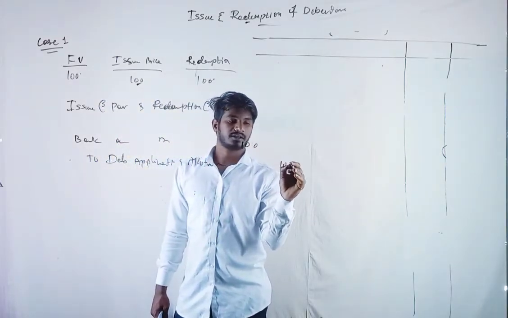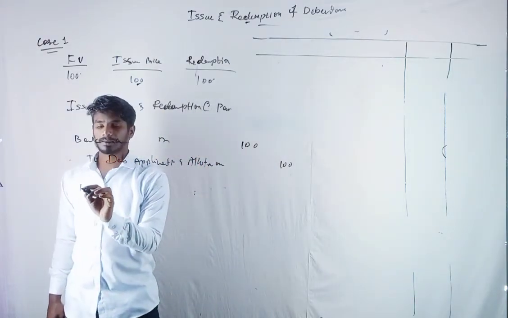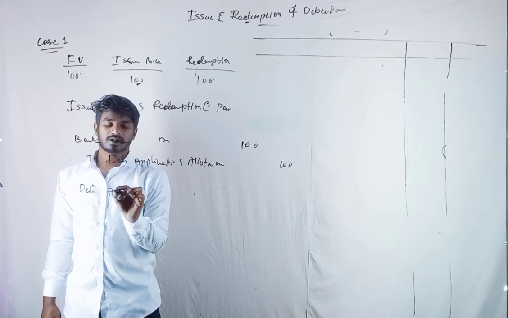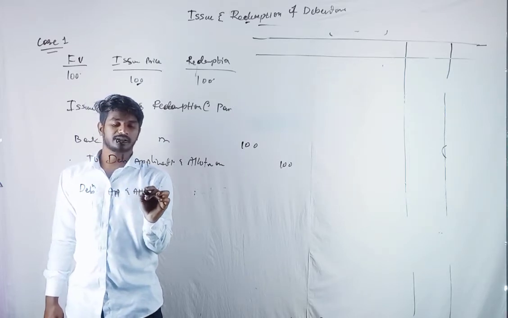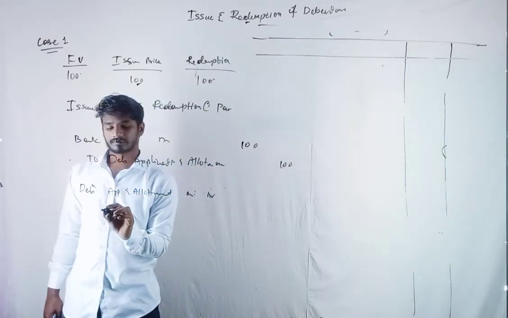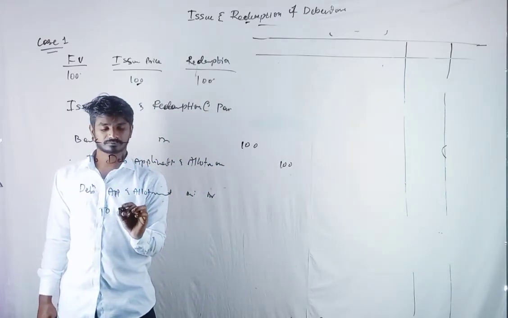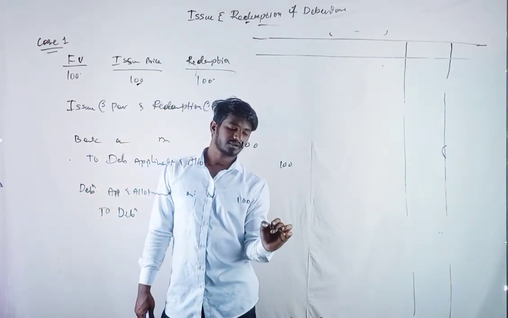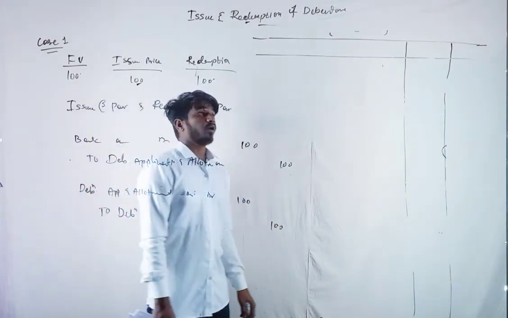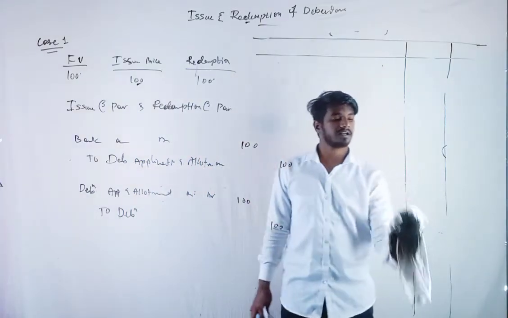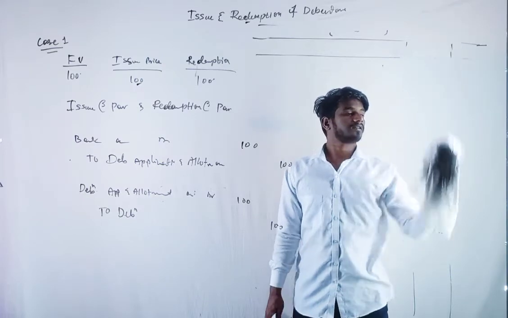Let us take 100. Debenture application and allotment account debit to debenture account 100 rupees. We have issued at par and redeemed at par.